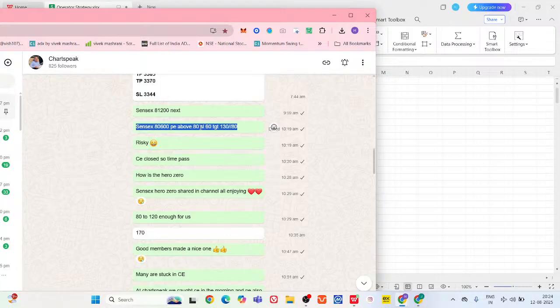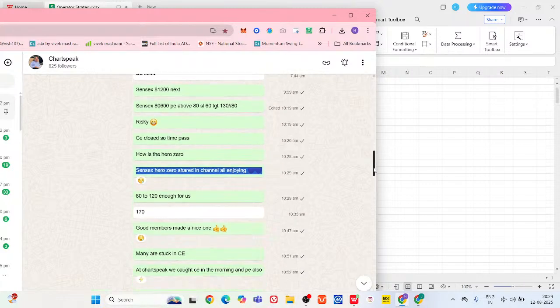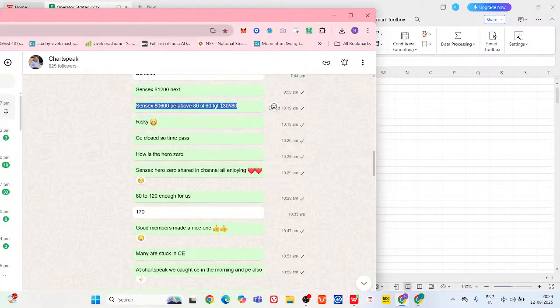So here you see 80,600. I said this is the hero zero trade. I told very clearly this is my hero zero trade. In fact, if somebody would have held till the last, it hit 350, 380 plus.